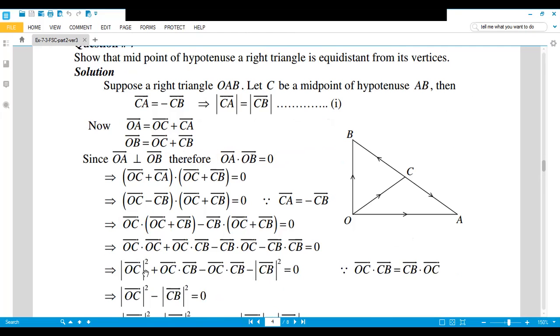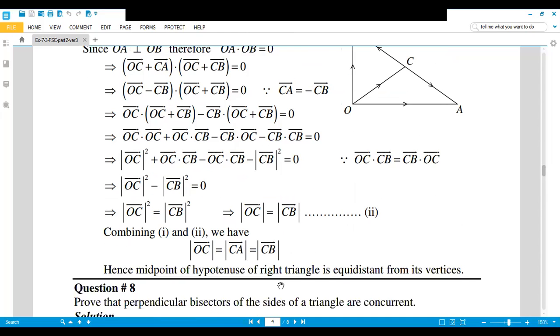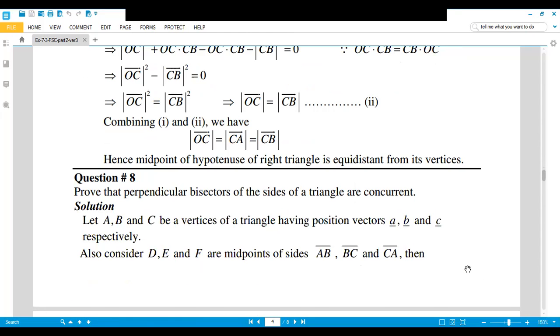So this will be square and this stays as it is, and these cancel each other, so we get minus CB square. Here it is negative, shifted to the other side it is positive, so taking square root on both sides. So when we compare one with this, hence the midpoint of the hypotenuse is equidistant from its vertices.